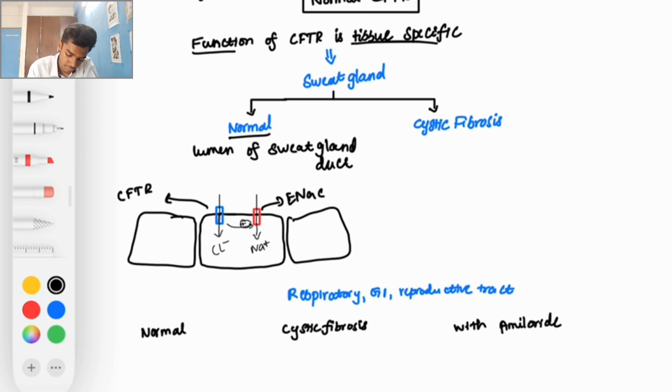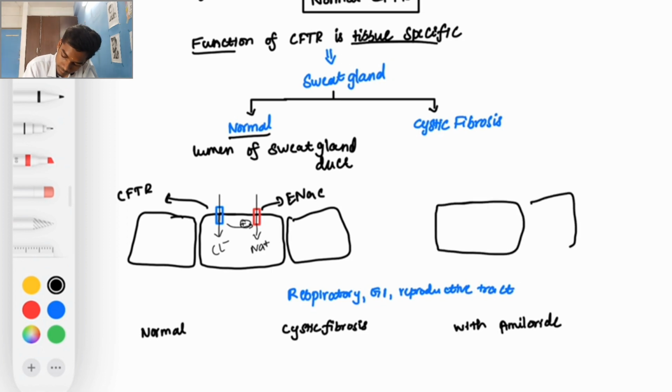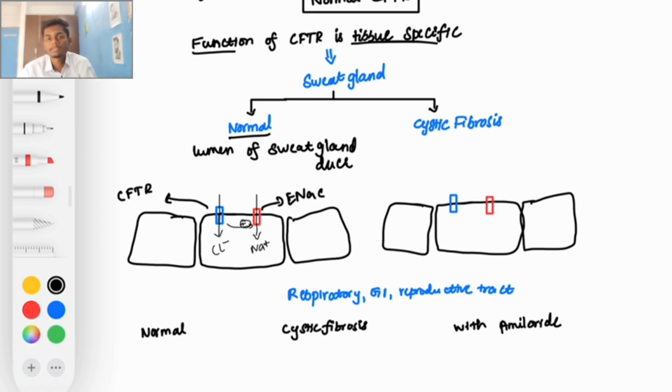What happens in cystic fibrosis? In cystic fibrosis, we saw that CFTR is degraded before it is reaching the cell membrane. When CFTR is not able to reach the cell membrane, then there will be no movement of chloride into the cell, and it was also augmenting this ENaC channel for absorption of sodium.